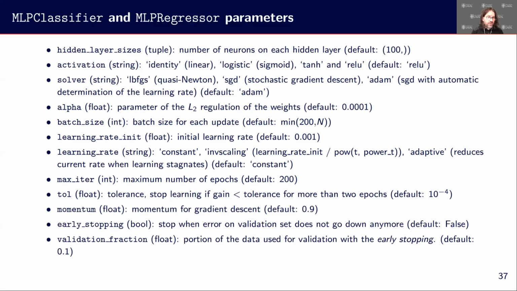And one of the last criteria that we present here is the validation fraction. So what is the proportion of the training set that is used for evaluating the generalization error in terms of early stopping? By default, it is 10% of the training set that is used as validation.